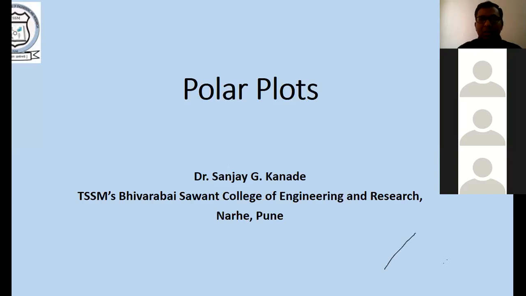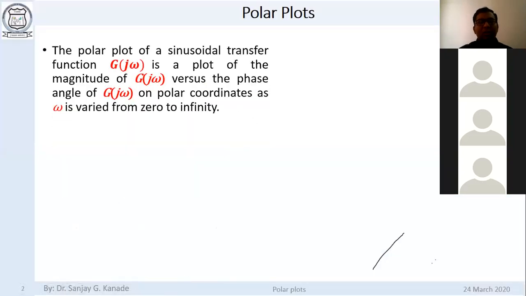So instead of two plots, what we can do in polar plots is it is also a plot of a sinusoidal transfer function G(jω), and it is a plot of magnitude versus the phase angle. In Bode plot, there are two separate plots, magnitude versus frequency and phase versus frequency.